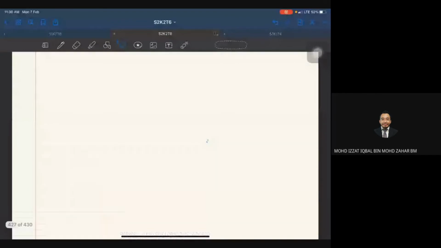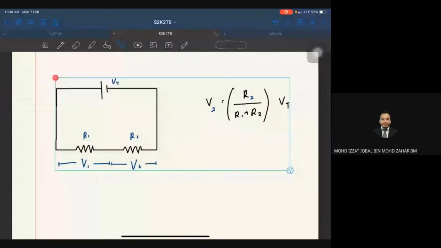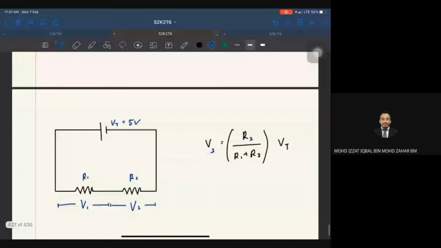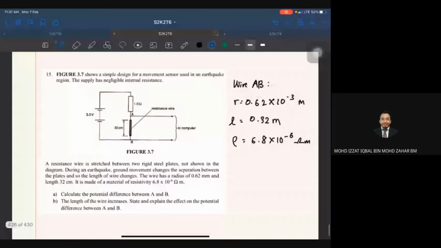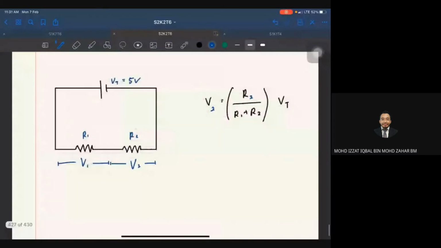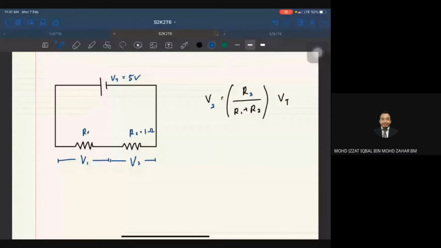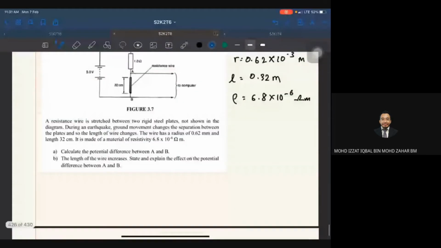Okay, it says that the terminal voltage which is given is 5 volt. Okay, and then R1 you don't know, RAB, R2 is equals to 1 ohm. And the question wants you to find VAB.